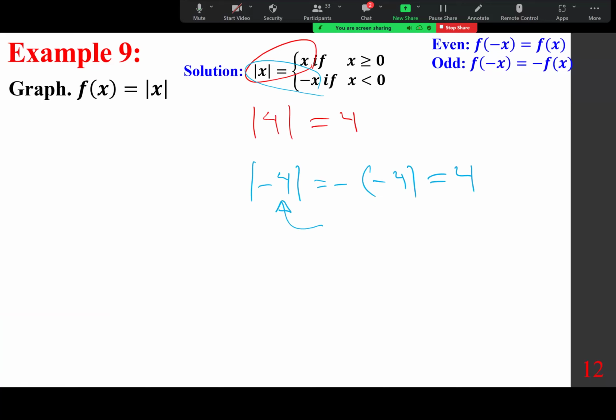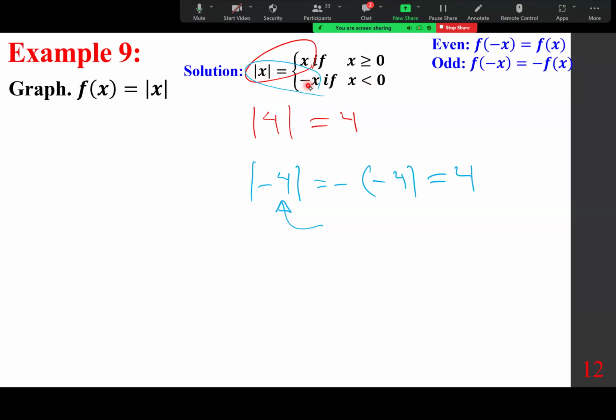So it is important to understand the meaning of absolute value. This is not saying a negative value. It says the opposite of x, which becomes positive. So when what's in there is positive, you can drop the absolute value. But when what's in there is negative, you write its opposite to make it positive.